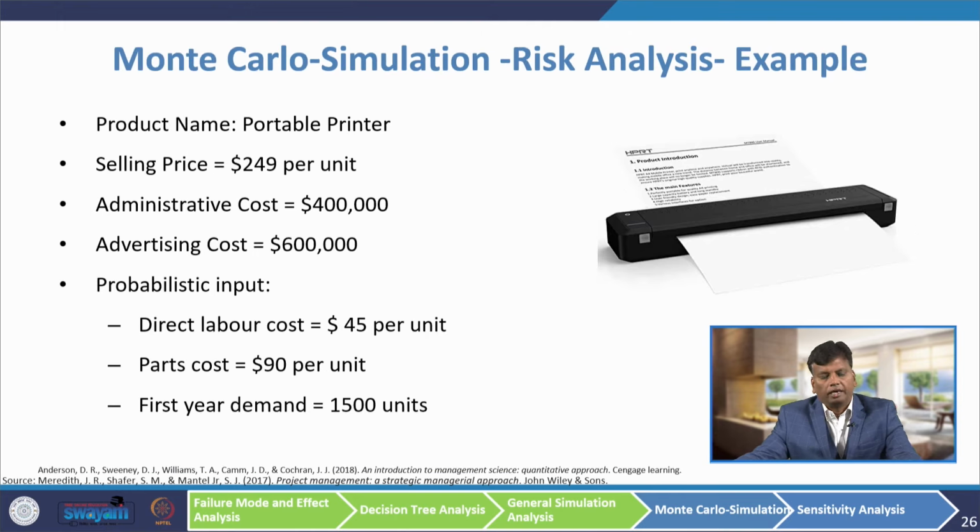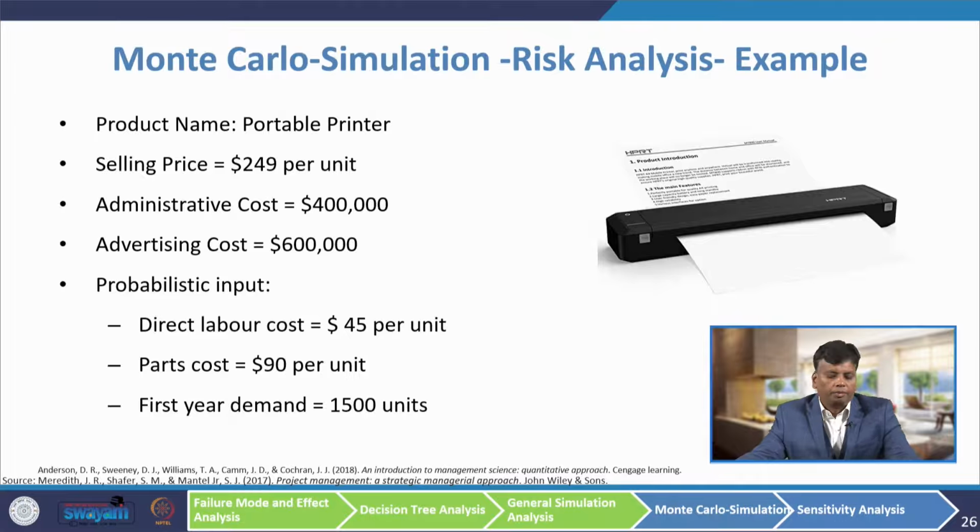So, I have taken a sample problem for the simulation, that is a Monte-Carlo simulation. We are going to discuss risk analysis for launching a new product. Assume that the company is launching a new product, and we want to know the probability of success, or what is the risk, what is the probability of failure of that new product.